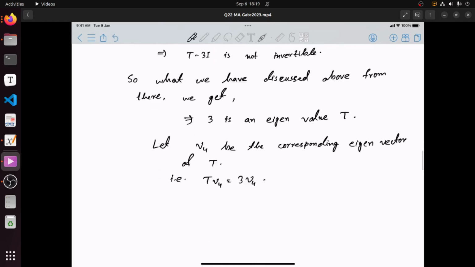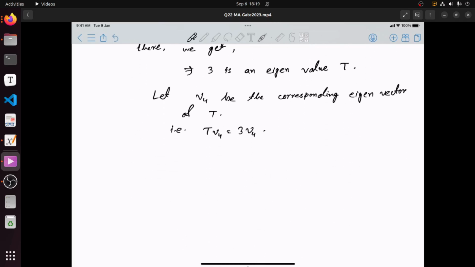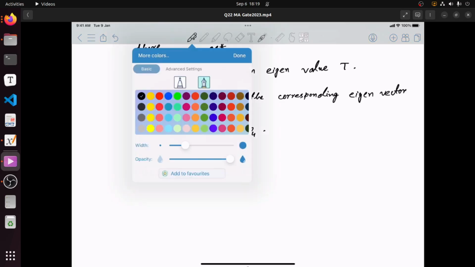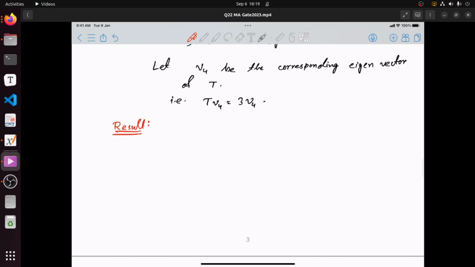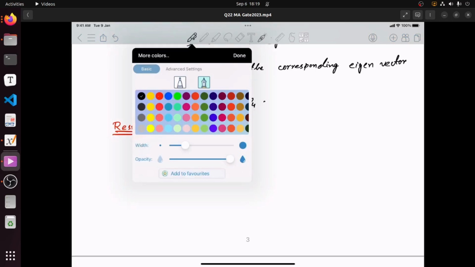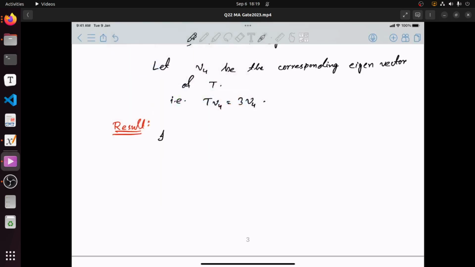And let me record one result also. Suppose T is a linear operator.